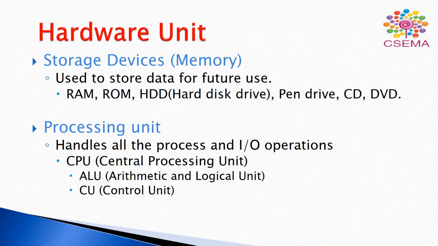What is the output of 2 plus 2? What is the device that is used to perform the operation of 2 plus 2 in the computer? It is the processing unit that performs these operations, and the output is 4, since 2 plus 2 equals 4.